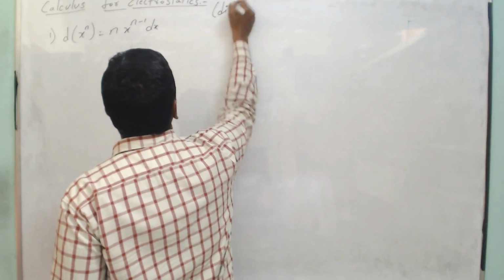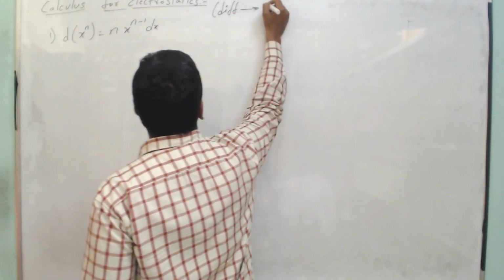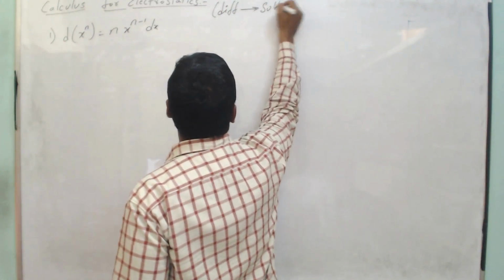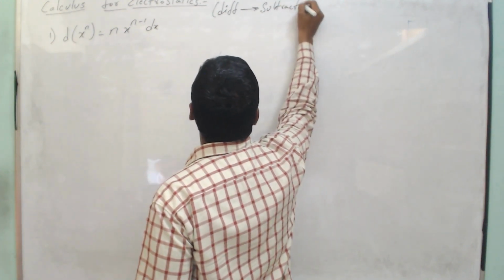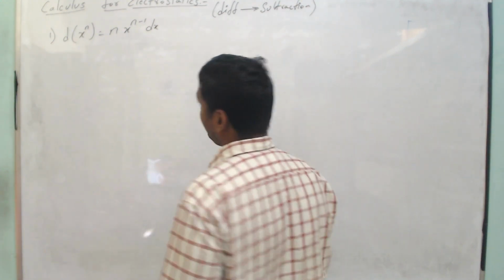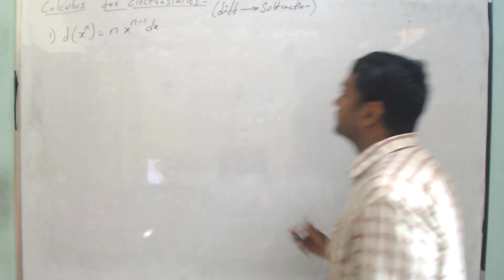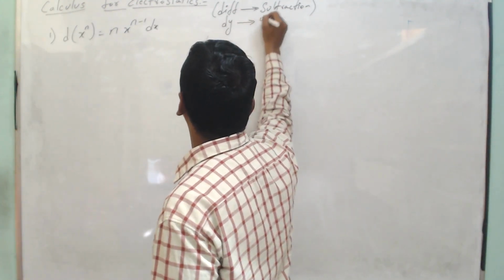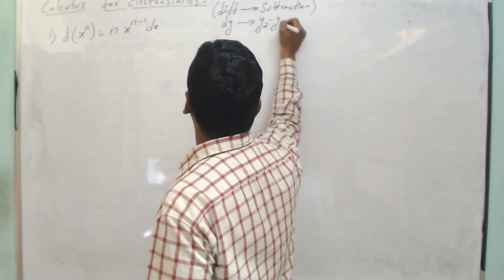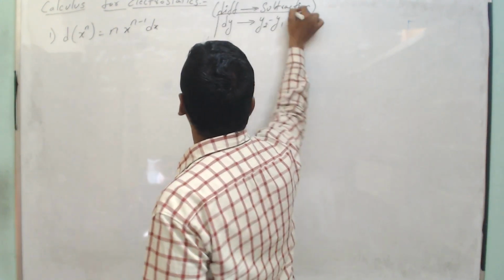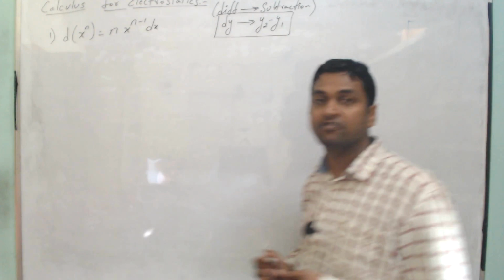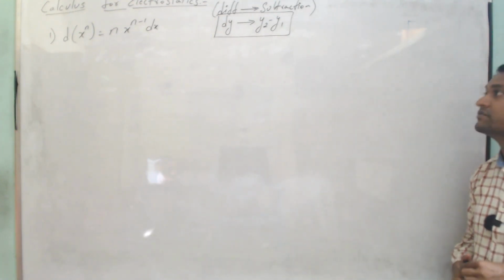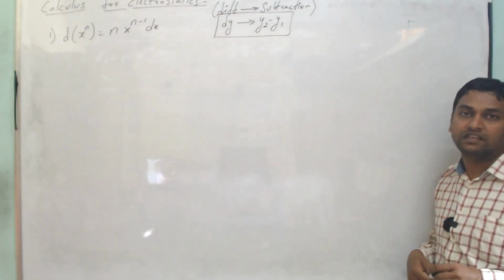What we are seeing is that differentiation is nothing but subtraction, right? Yes, sir. And if you remember, we write dy as nothing but y2 minus y1. Simple. Yes, sir. An infinitesimally small change in y is differentiation of y, dy.